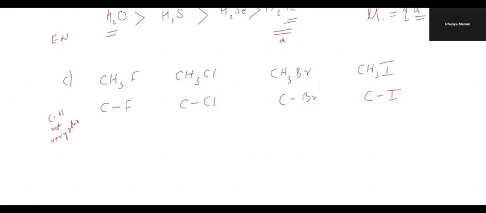So over here, if we consider this CF, CCl, CBr, and CI, the first thing that comes to your mind is fluorine is highly electronegative. So if we consider the electronegativity difference, this should be the order. But these values of dipole moment have been taken experimentally.